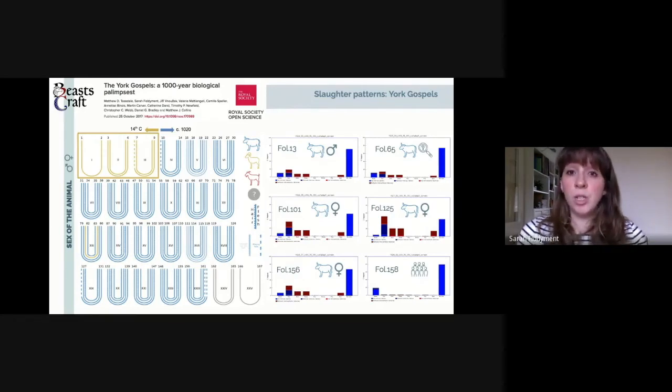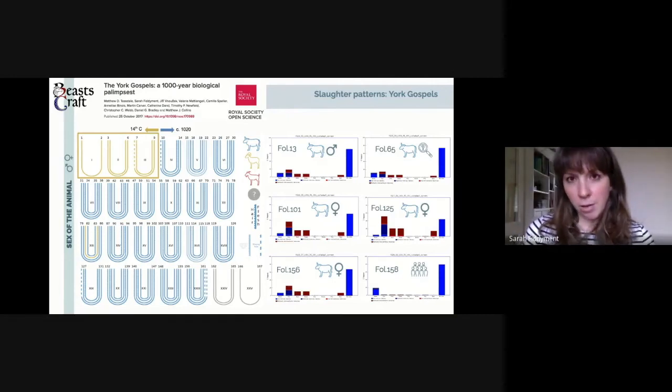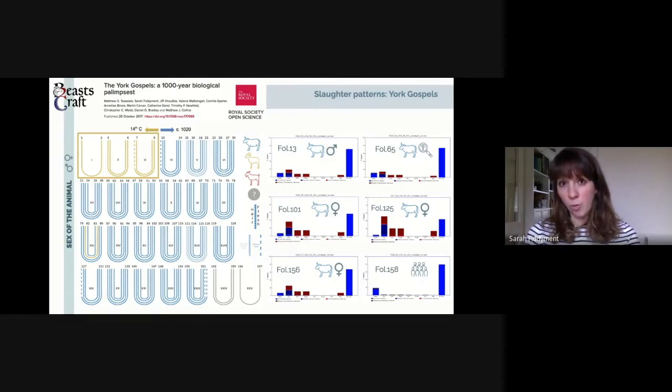But what is interesting to note is that we seem to have a majority of female cows versus male calves, albeit in a very small selection. But it does start to ask questions about what these slaughter patterns mean, because if we were focusing on a dairying economy, we would expect a lot more slaughter perhaps of young males, and that could then be used, for example, for parchment.